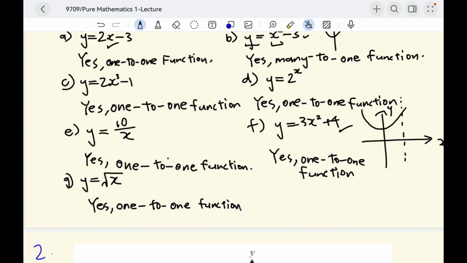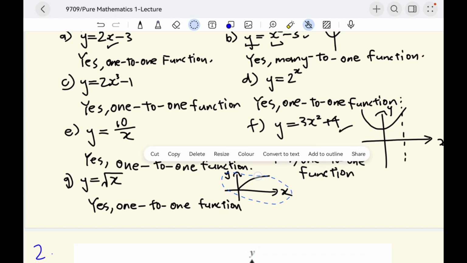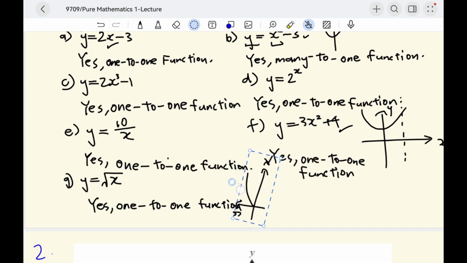Why? Because when you sketch the square root function, basically you treat your y-axis as your x-axis, and your x-axis as your y-axis. Next you can rotate it in this way. So now here is your x-axis and here is the y-axis.